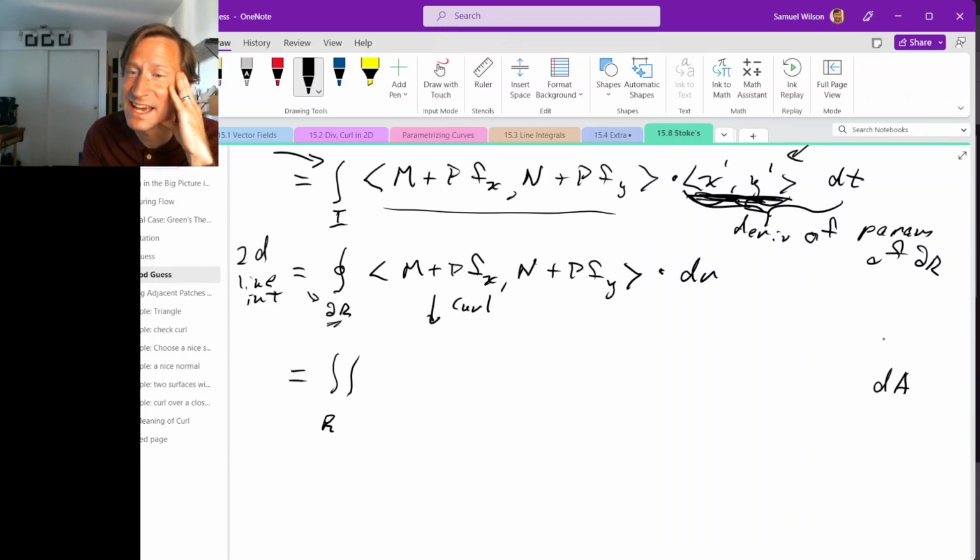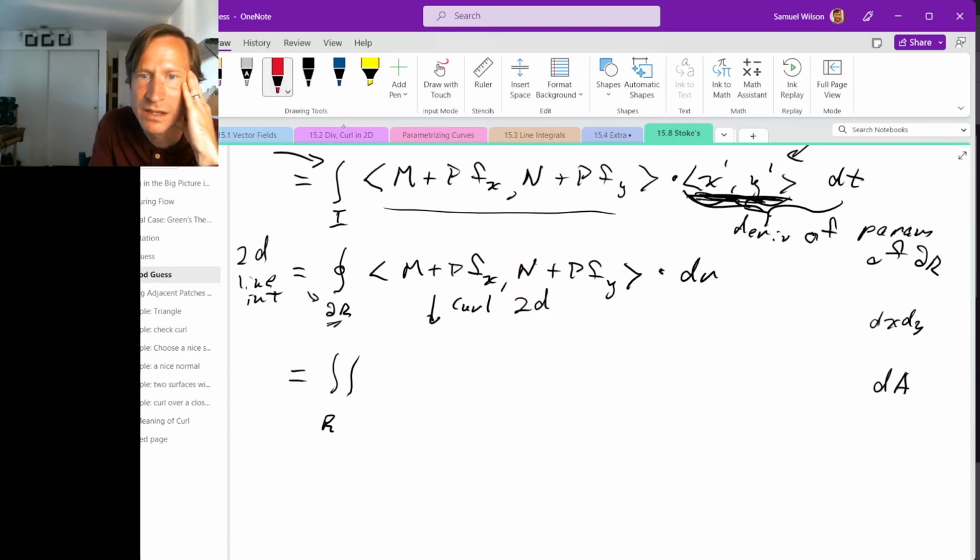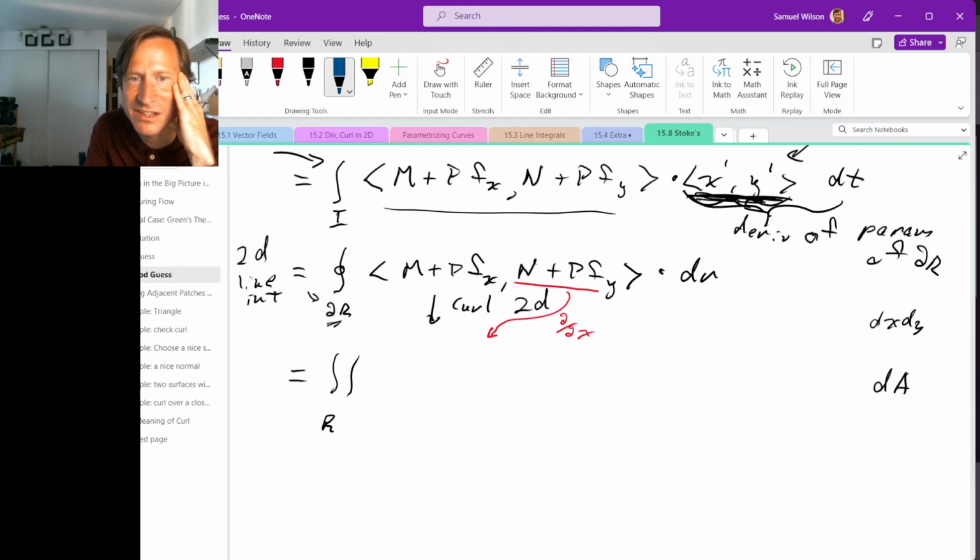And this dA is really just dx dy, since this is in the xy plane. So we need to figure out the curl of this vector field, and remember, this curl is 2D. So we take the derivative of this with respect to x, and then the derivative of this one with respect to y, and we need a minus sign.